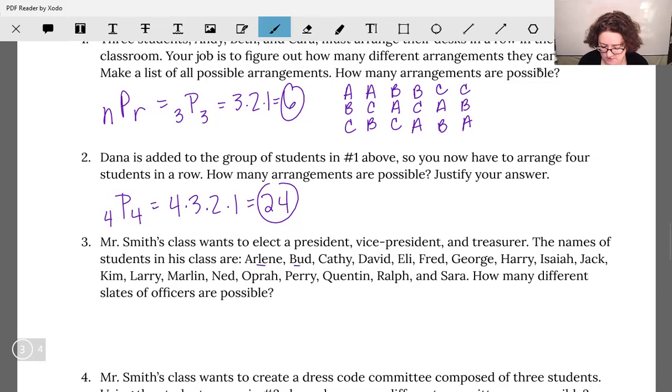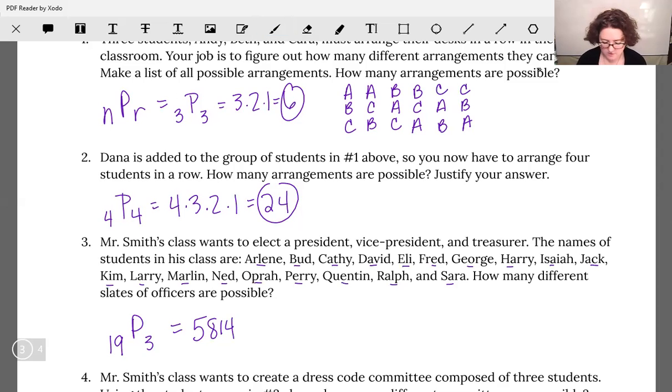Let's see, 1, 2, 3, 4, 5, 6, 7, 8, 9, 10, 11, 12, 13, 14, 15, 16, 17, 18, 19 students. So we have 19 to choose from, and we need to make a group of president, vice president, treasurer. So we need to pick 3. So 19 pick 3. Again, plug that in your calculator. Should come out to 5814.